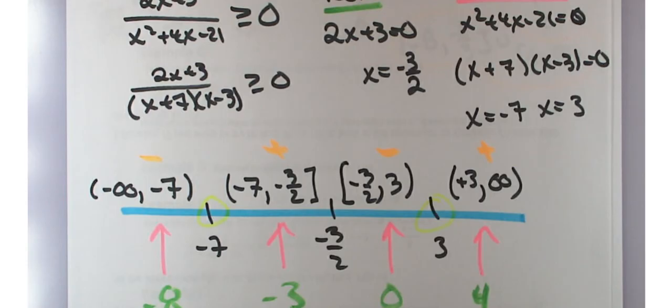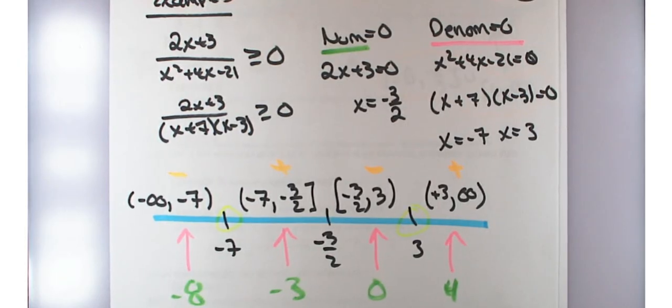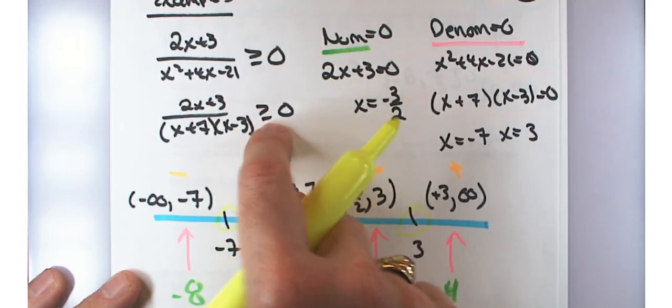So, okay. Which interval or intervals do we want? Do I want the negative ones or the positive ones? Yeah, positive. I want to know where it's greater than or equal to 0.